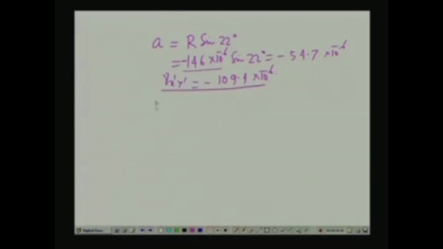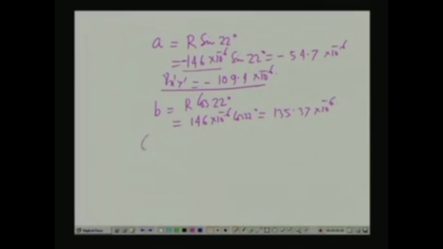Now, the distance B is equal to r cos 22 degrees, which is equal to 146 into 10 to the power minus 6 cosine 22 degrees, and this is equal to 135.37 into 10 to the power minus 6.